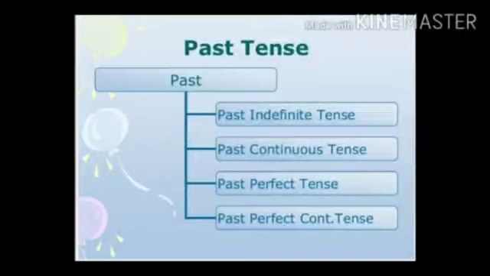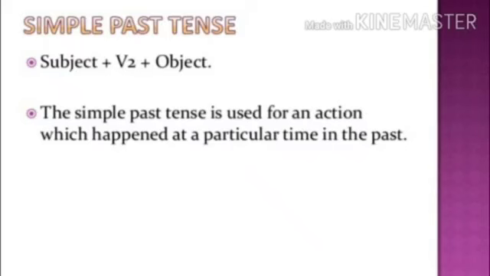What is it? Simple past tense or past indefinite tense. Let us start with the question: what does the simple past do in a sentence and what is its use? See children, the simple past is used to describe an action, an event or condition that occurred in the past.